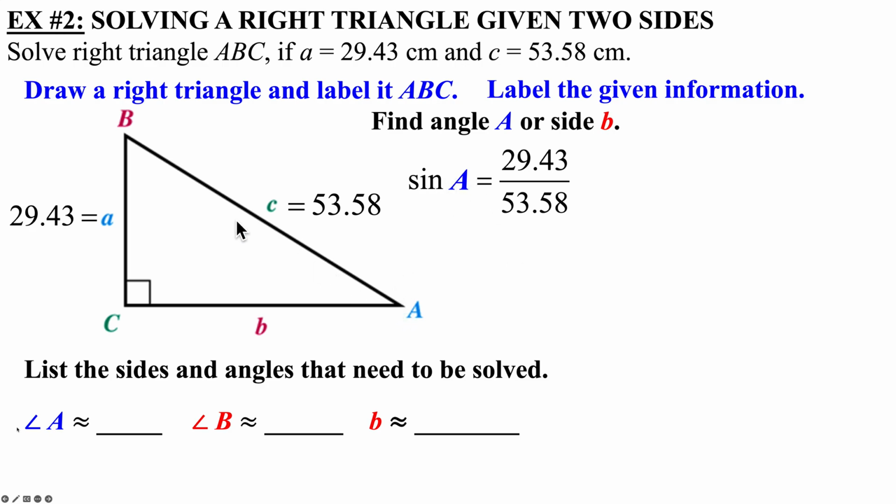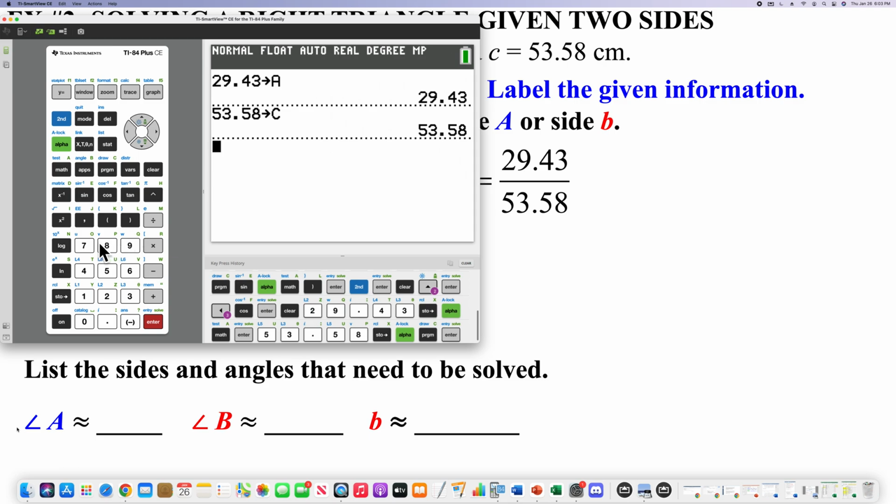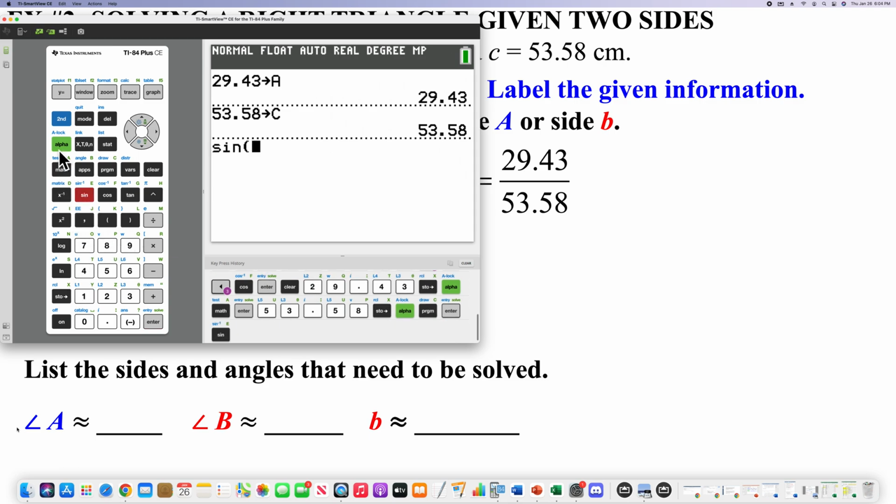Sine of A is equal to 29.43 over 53.58. Again, I'm not retyping those in. I've already entered them once. So again, go to my calculator. So sine alpha A divided by alpha C. Oh, look what I did. I forgot to hit inverse sine.